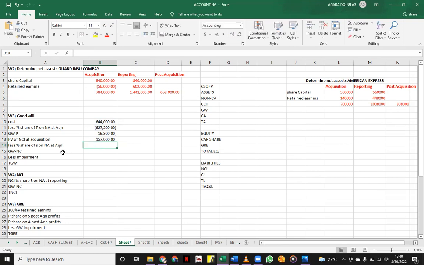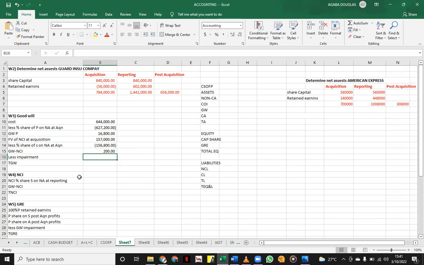Then we less the share of the subsidiary at acquisition. Remember, we have it as 20, but because we need to have it in negative, we put that negative sign, and then we multiply it with this value that we got. Then we get the goodwill at NCI by saying sum, which is 200, and then we have to less the impairment.